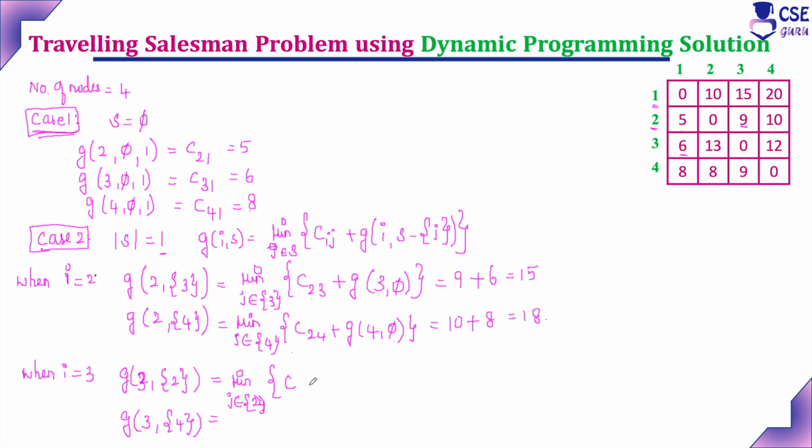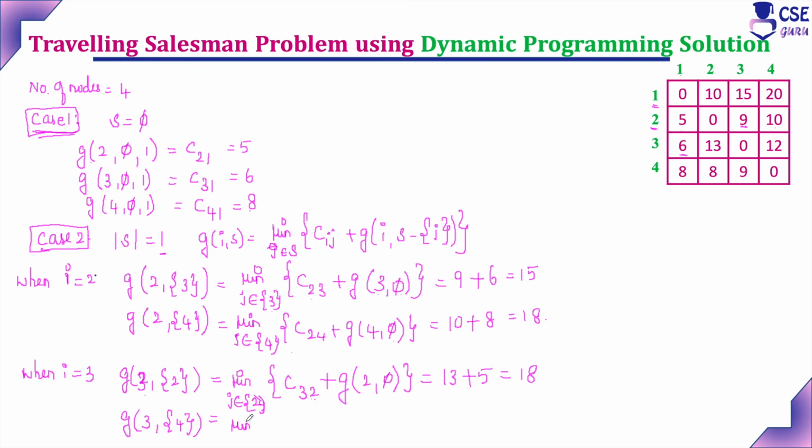Then C of 3, 2 plus G of 2, 5. After visiting 3, you have to visit 2. After visiting 2, there is no other vertex to be visited. That's why we have included 5 here. So G of 3 to 2, cost is 13 plus G of 2, 5, the value is 5. So the cost we will get is 18.